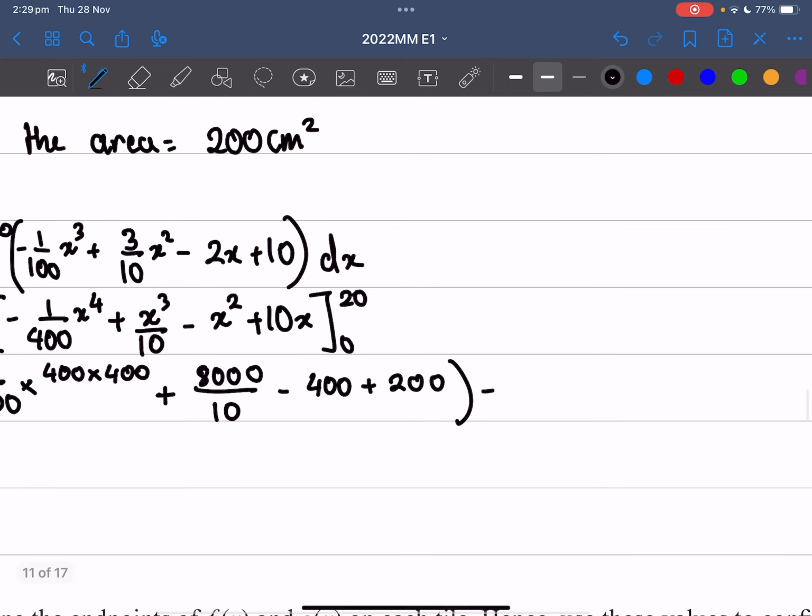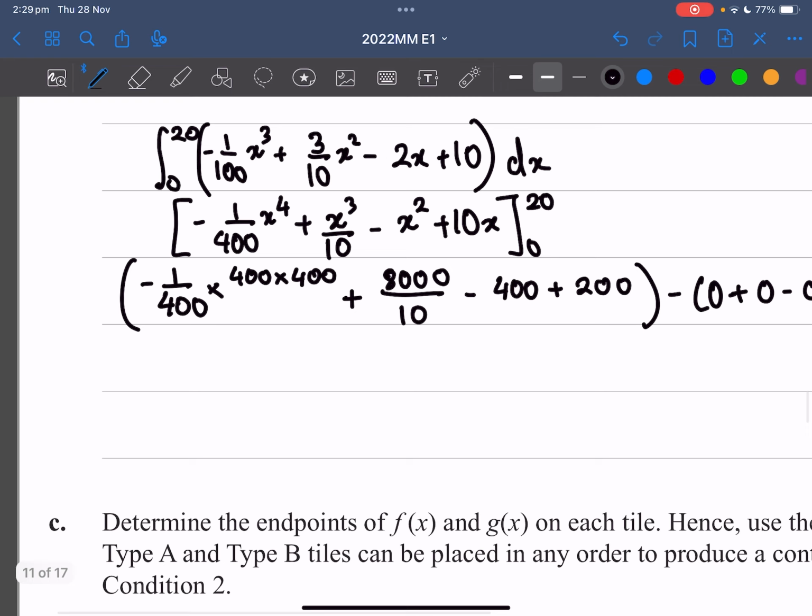Take away, everything would just become 0. So 0 plus 0 minus 0 plus 0. Okay? So this will cancel out. We'll have minus 400 plus 800 minus 400 plus 200.